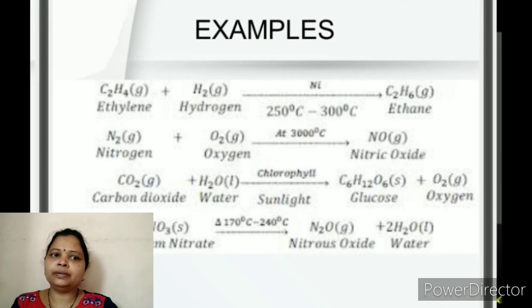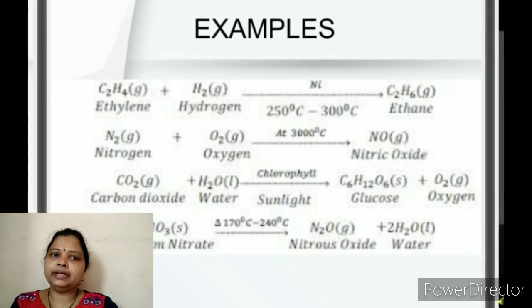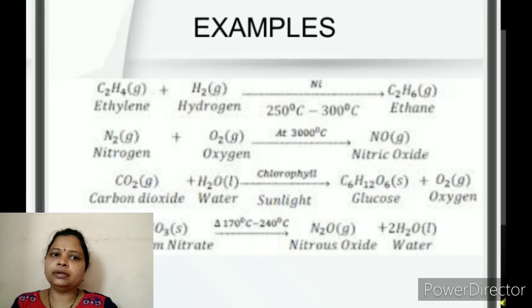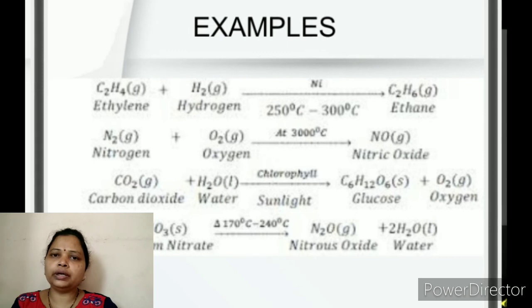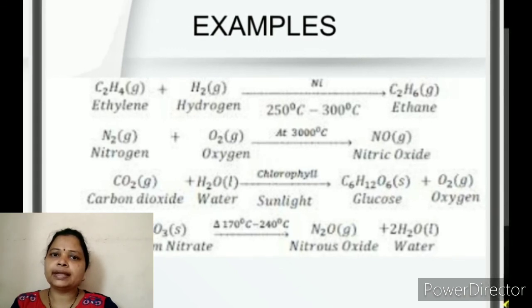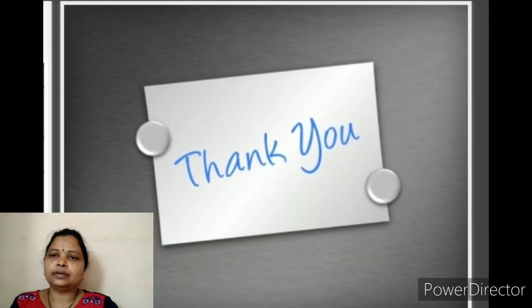And last example, ammonium nitrate is heated at 170 degree to 240 degree. Then it gives the nitrous oxide and water molecule. Okay, thank you.